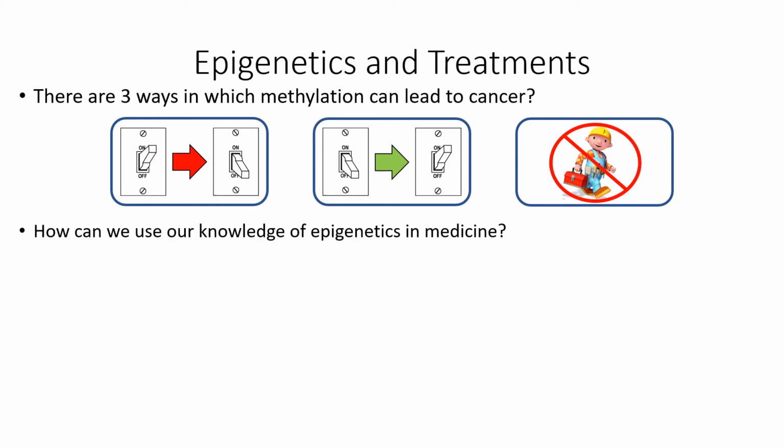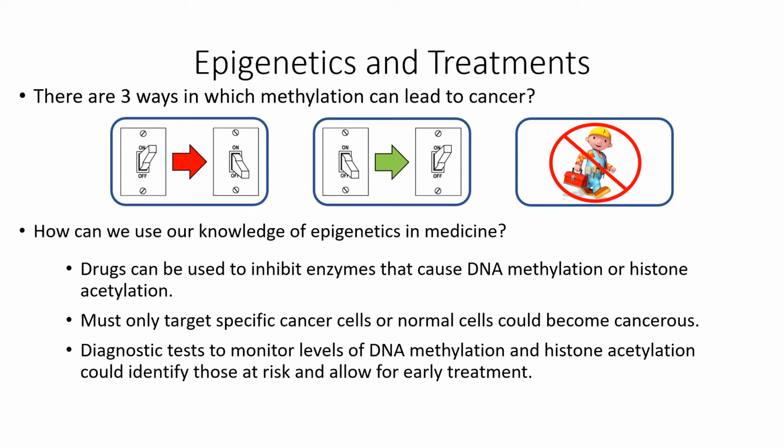Well, now that we've got the three ways that methylation can lead to cancer, we also need to know about how epigenetics can be useful in medicine. If we look at cancer, we know that methylation will turn genes off, so we can look for methylation sites and we can use drugs to actually target areas of heavy methylation.